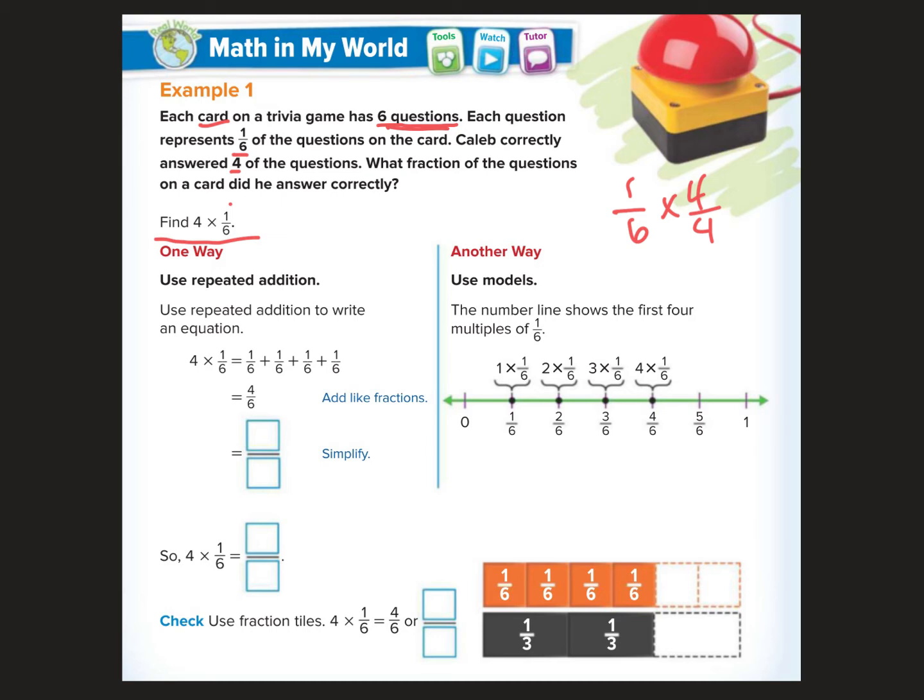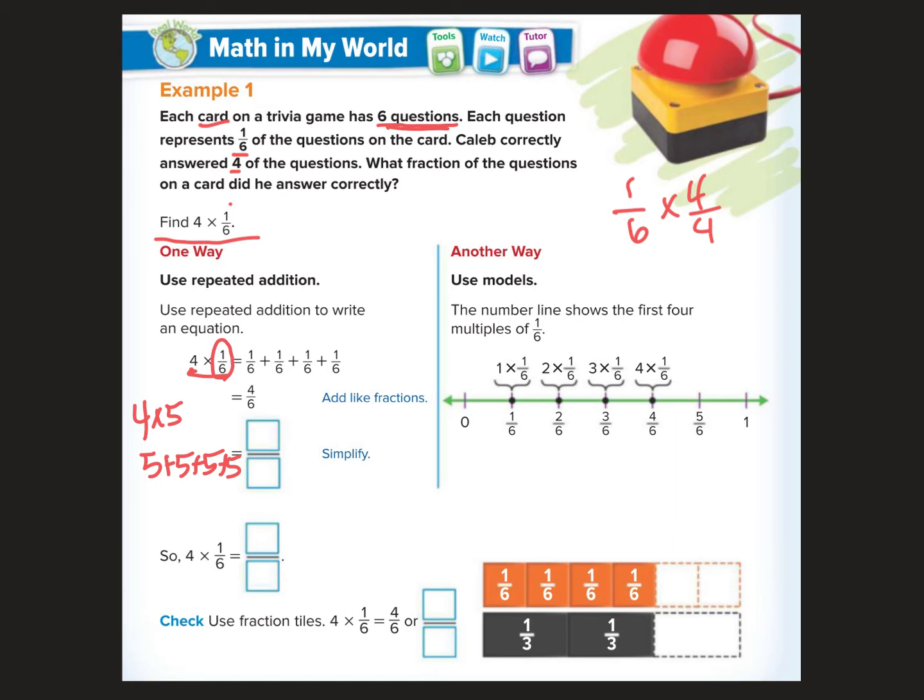So one way is we could use repeated addition, right? 4 times 1/6. So let's say I wanted to do 4 times 5. That was our first way of doing it: I could do 5 plus 5 plus 5 plus 5, right? We could do repeated addition. Okay, so don't think of 1/6 as some crazy thing. It's just a number. I'm just saying I want 4 groups, and there's 1/6 in each group.